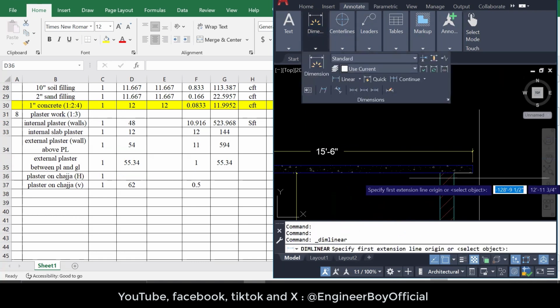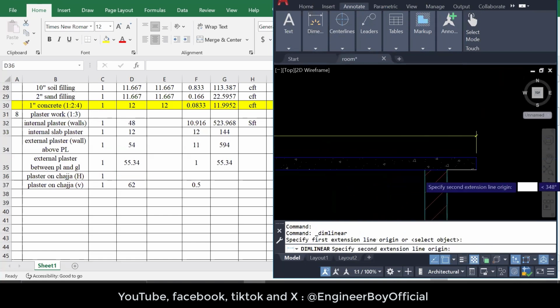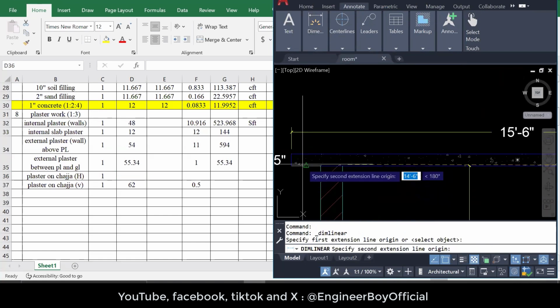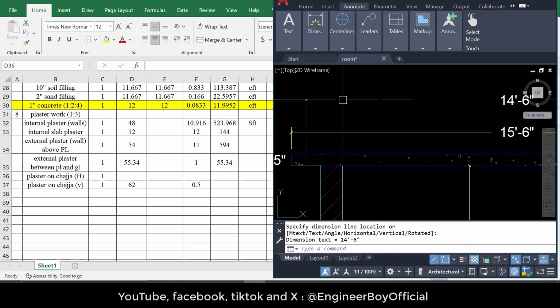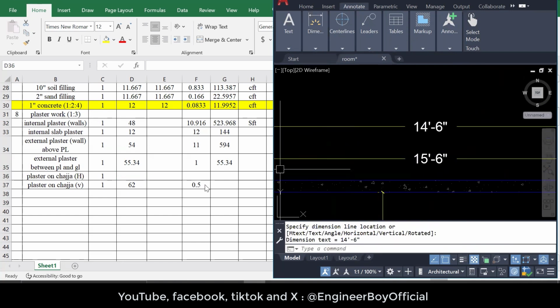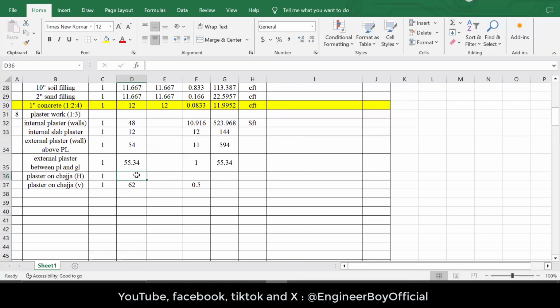I'm not gonna do that on the whiteboard because we have discussed this before, how to determine the center line length. So the center line length is 14 feet and 6 inches, which means 14.5 times 4 for the square. So that's gonna be 58, right? And the width can be 12 inches or 1 feet. So this is actually the total plaster work.